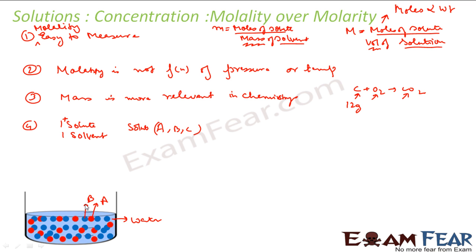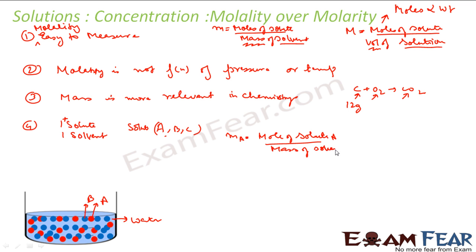Correct. Now if we talk about the molality, the molality of solute A will be independent of B. Similarly, B will be independent of A. Why? Because when we talk about molality, the molality of A will be moles of solute A divided by mass of solvent.